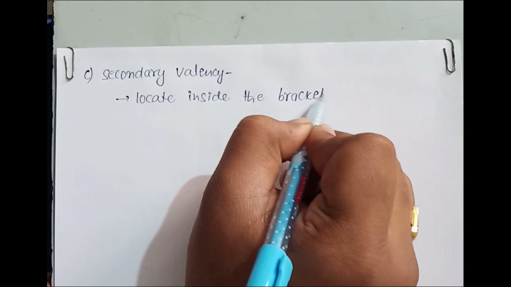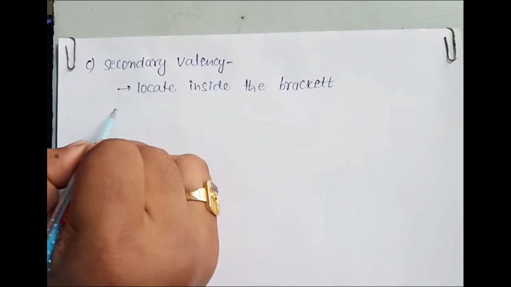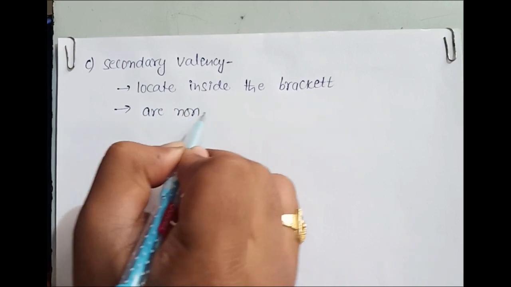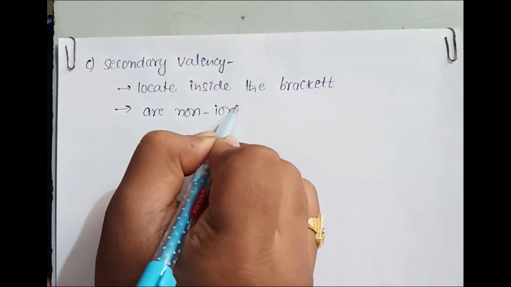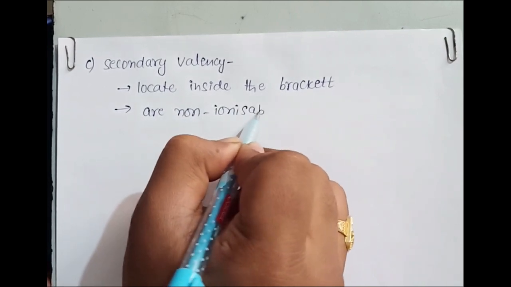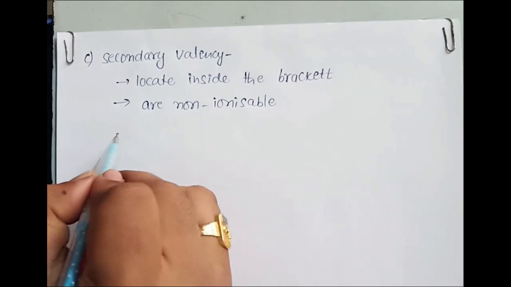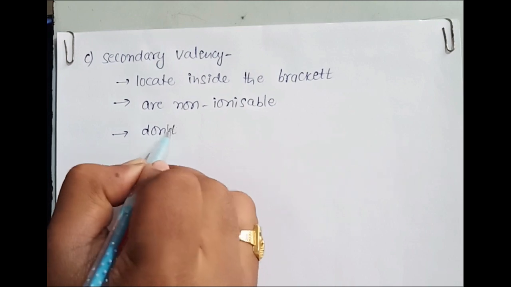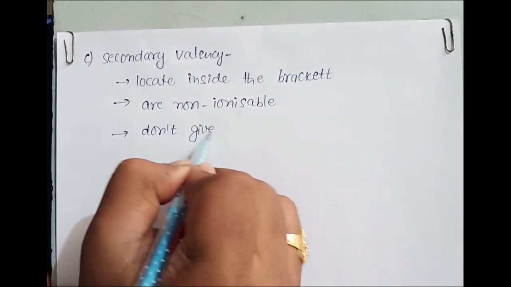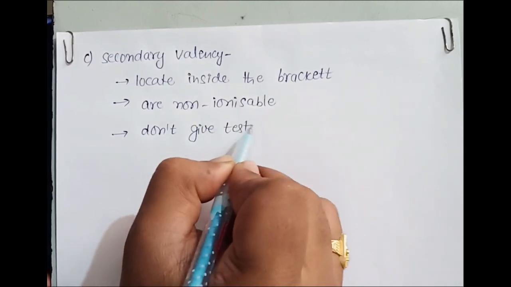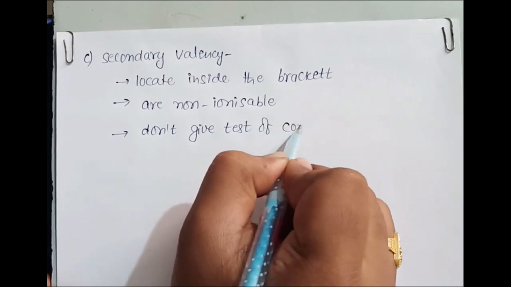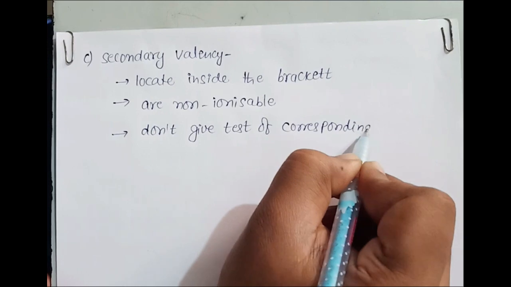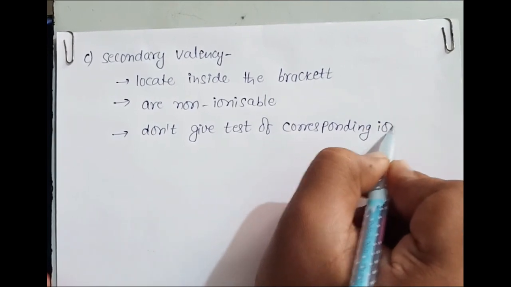Are they ionizable or non-ionizable? Whichever present inside, they are non-ionizable. Yes. They don't give the test of the corresponding ion because they are not getting ionized. That's why obviously they don't give the test of corresponding ions.